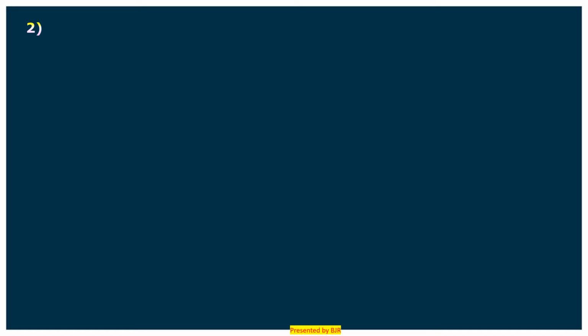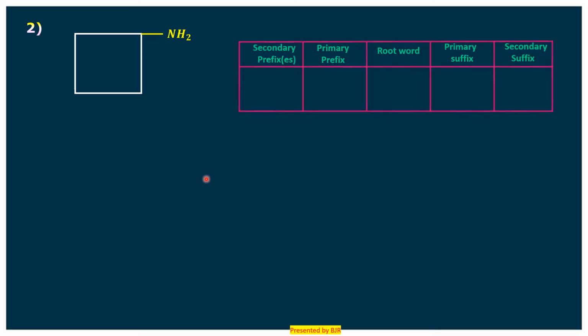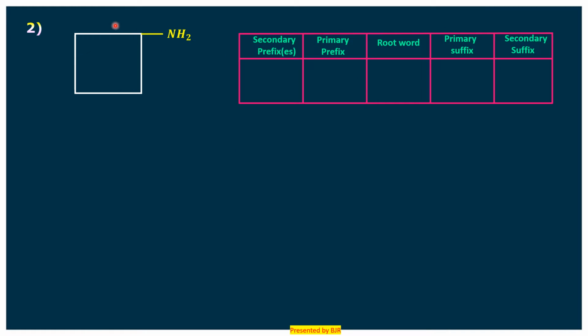Here is another example. This is an alicyclic compound containing the amine functional group, that is the NH2 functional group. Let us provide the IUPAC name for this alicyclic compound. In this ring, 4 carbon atoms are there, so the root word is but, the primary suffix is ane because only carbon-carbon single bonds are there, and the primary prefix, as 4 carbon atoms are forming a ring, is cyclo.